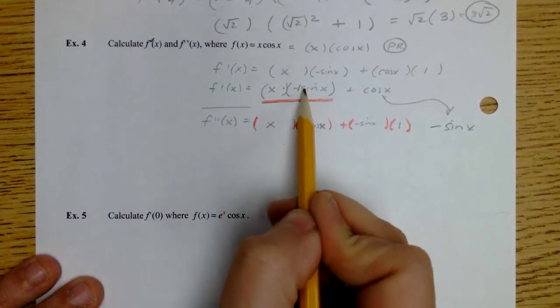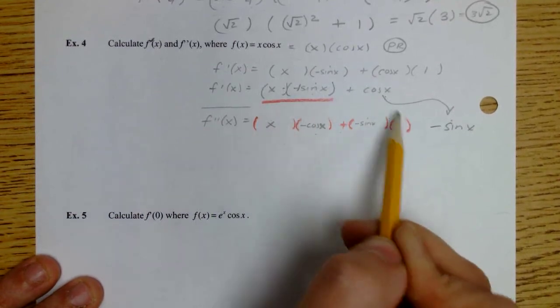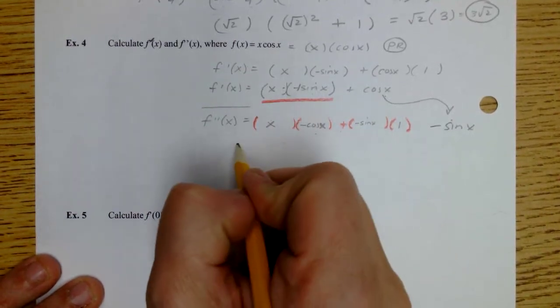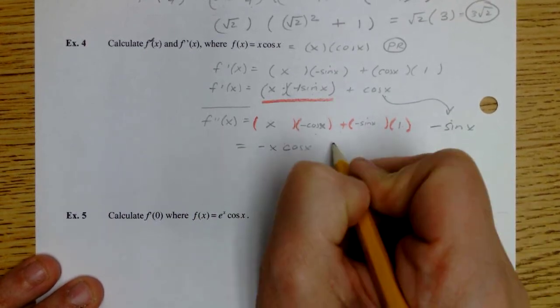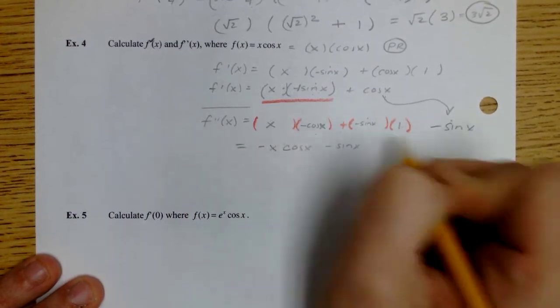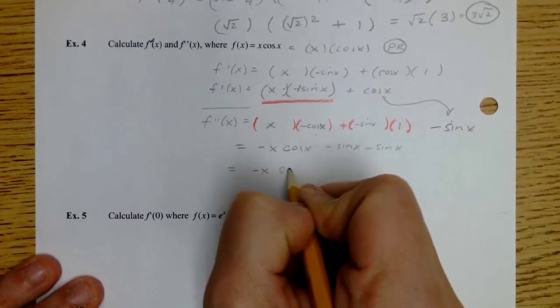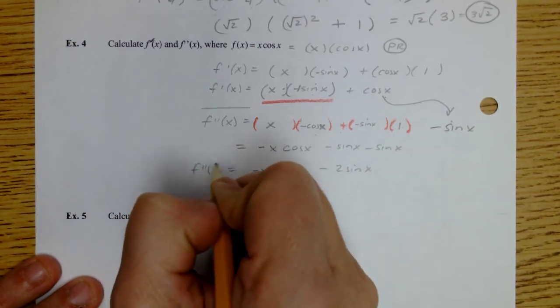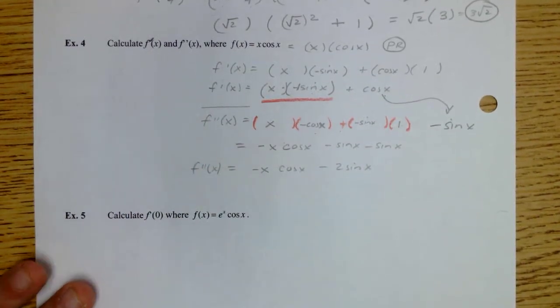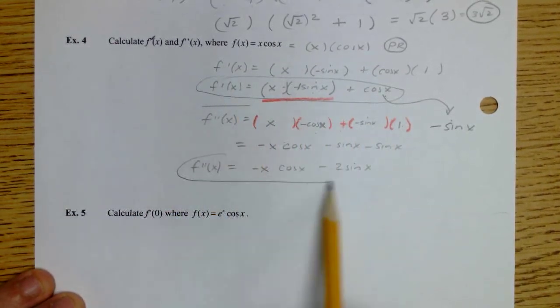So it's the first times the derivative of the second plus the second times the derivative of the first. So if I start to clean this up, negative x cosine x, minus sine x, minus sine x. And I'm done. So here's f prime, here's f double prime.